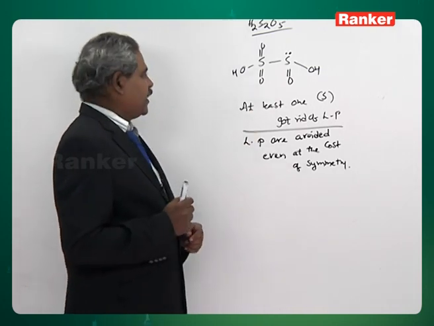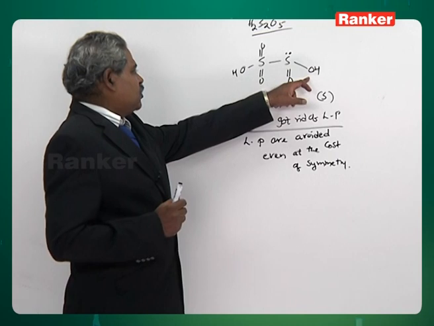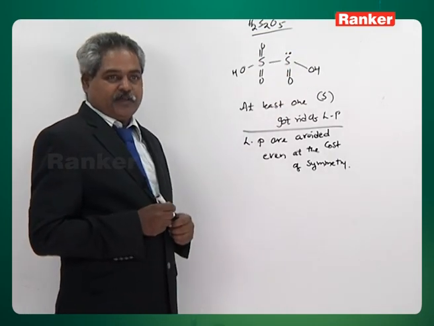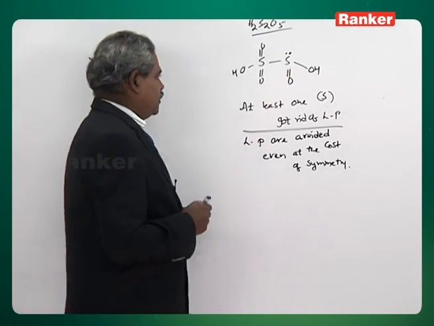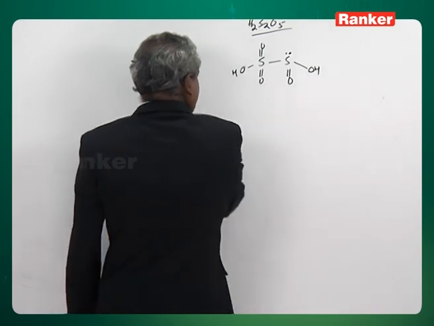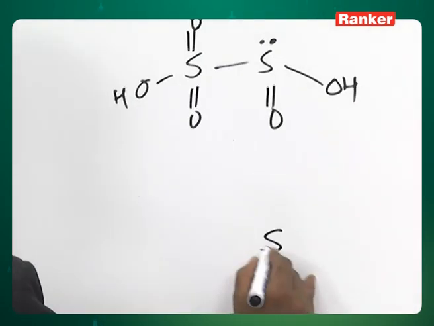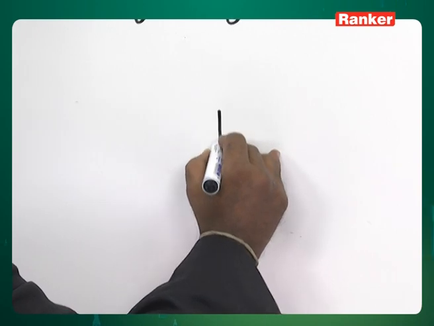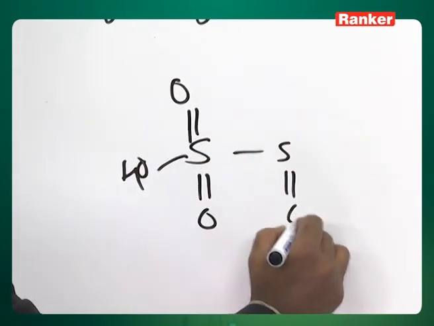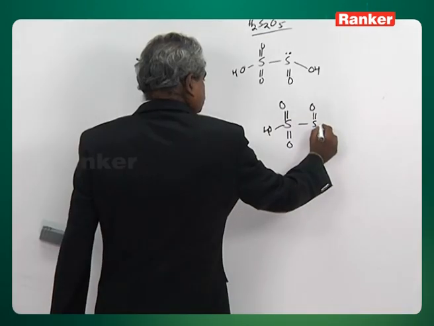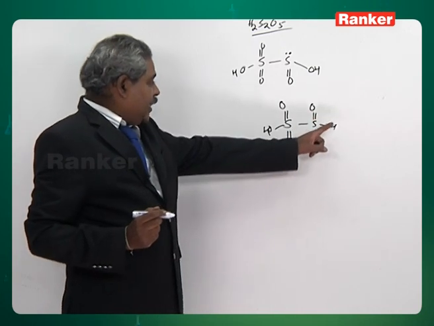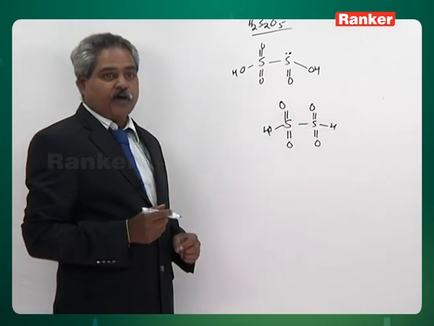You might as well get a question, why is this oxygen not directly bonded so that the other lone pair also gets rid of? That's not possible, because if you want this oxygen also to be bonded directly, like this, here hydrogen is directly bonded to sulfur.